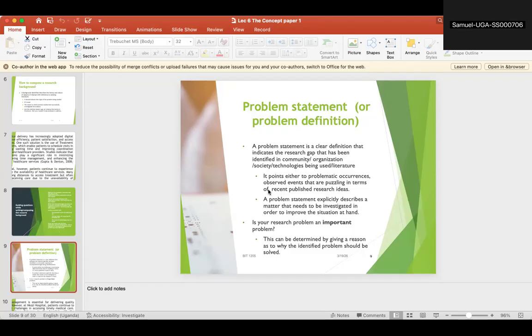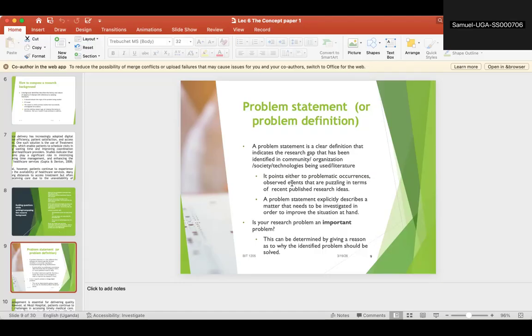So let's go to the problem statement. Now, the problem statement is a clear definition that indicates the research gap that has been identified in that particular organization. If we all agree that our case study is maybe for the hospital, now we need to clearly define what gap the patients are experiencing at that particular moment.